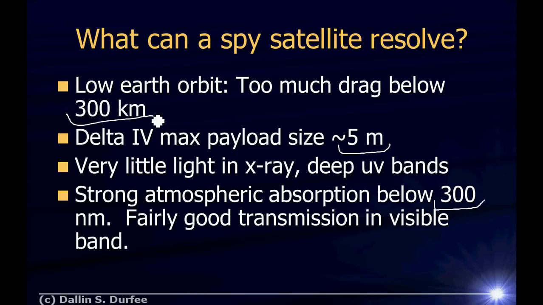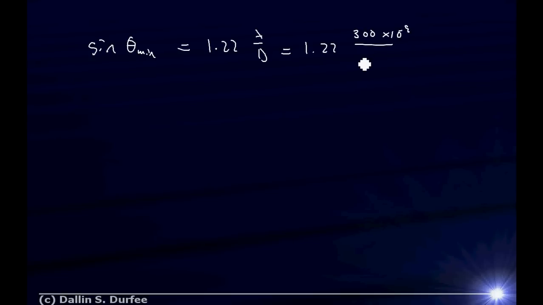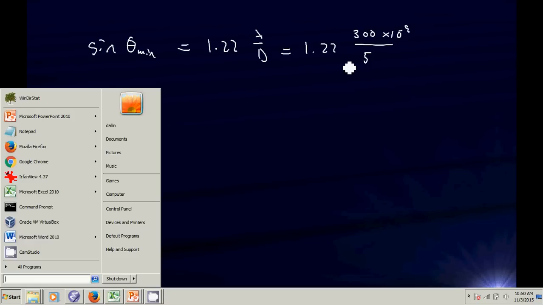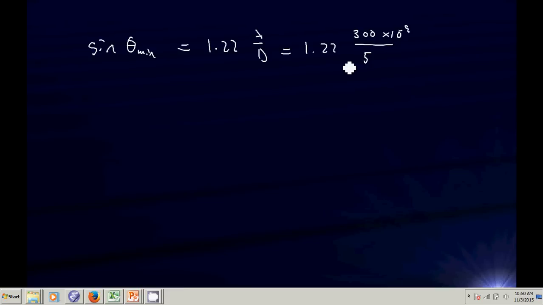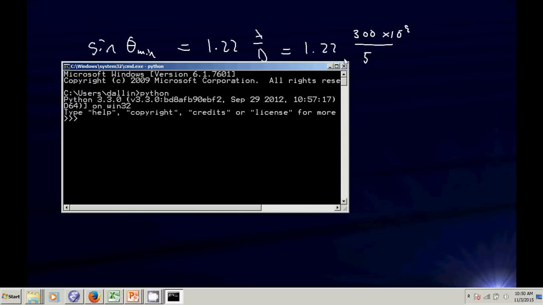Rayleigh's criterion says the sine of the minimum angle we can resolve is 1.22 times lambda over d. We're going to put in 1.22, and lambda is 300 nanometers, or 300 times 10 to the minus 9, and we're going to divide by the diameter of our telescope, which we said would be 5 meters. So let's pull up Python and load up math.